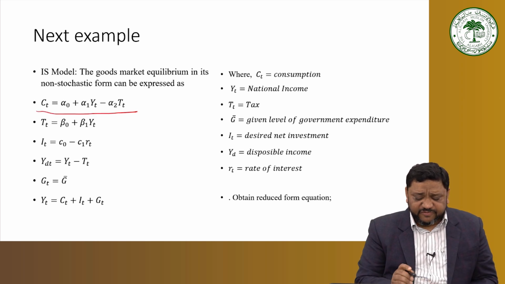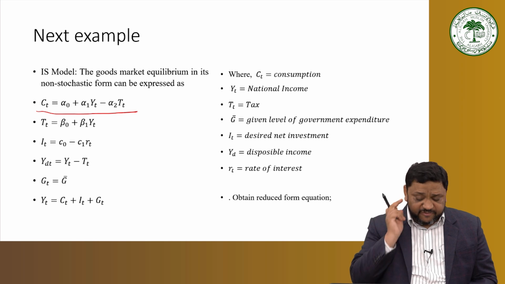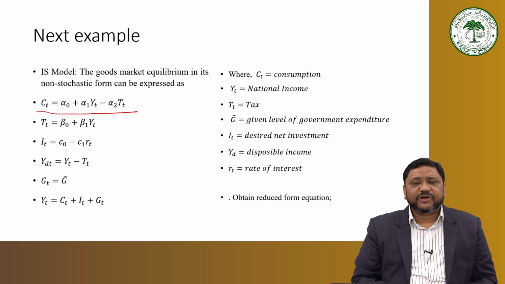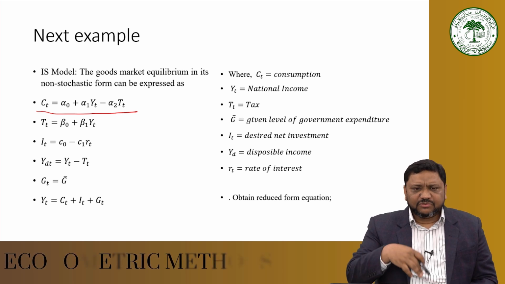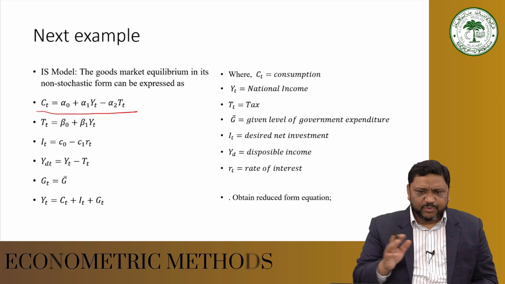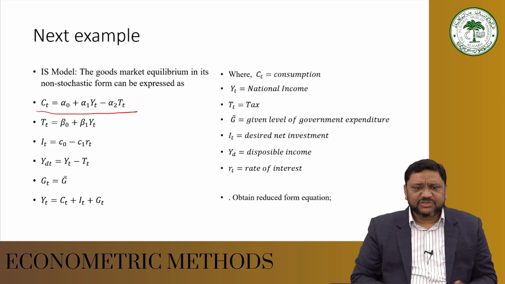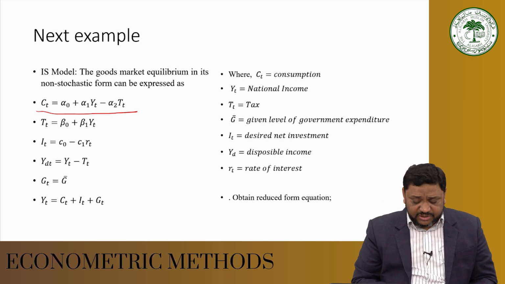Ct, the consumption function, as alpha naught plus alpha 1 Yt minus alpha 2 Tt, that is the taxes, and tax is a function of beta naught, the lump sum tax, plus beta 1 Yt, which is progressive taxation: as your income increases, your taxes also increase.